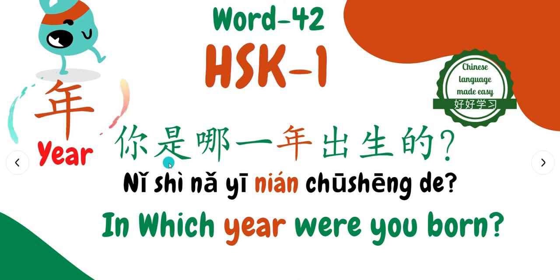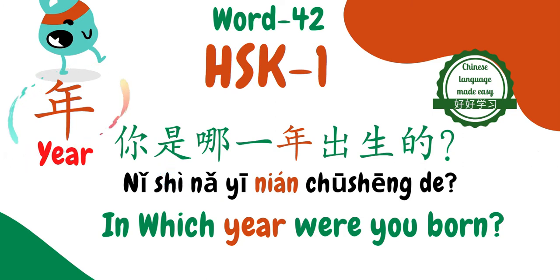This is a sentence structure in Chinese, very common and very widely used. If you want to know about it, you just type 是...的 along with sentence structure, and you will find a lot of examples.